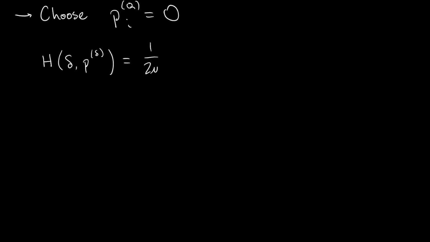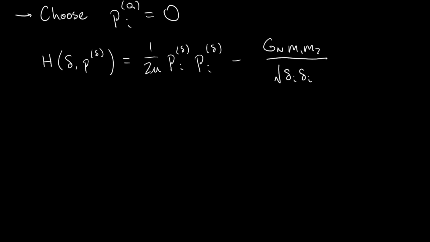And I get 1 over 2 mu e delta I minus g n 1 m2 over square root of delta I. So we see that this still isn't as simple as we possibly can get, but it's getting close. And in particular, we see that this is a Hamiltonian for a Cartesian set of coordinates, right? Where our delta I are behaving as Cartesian.